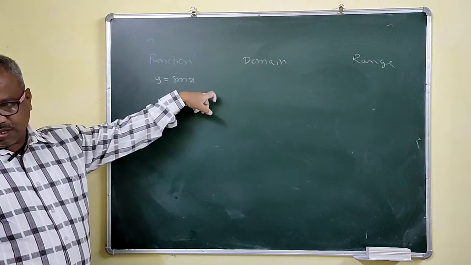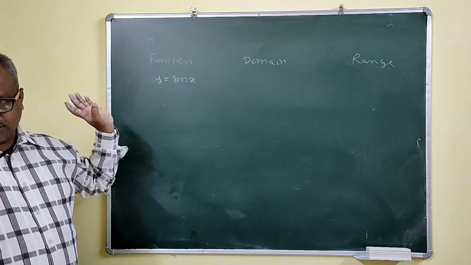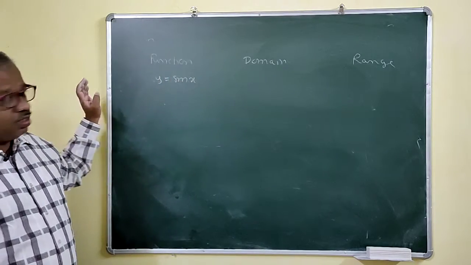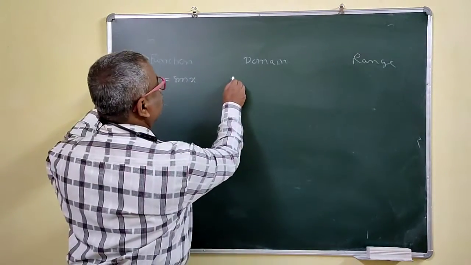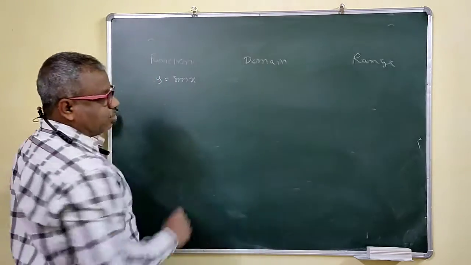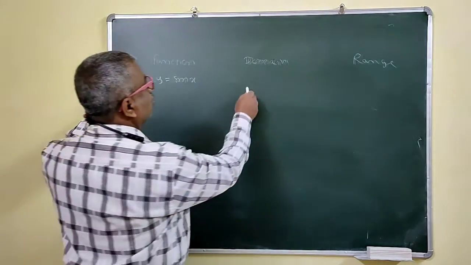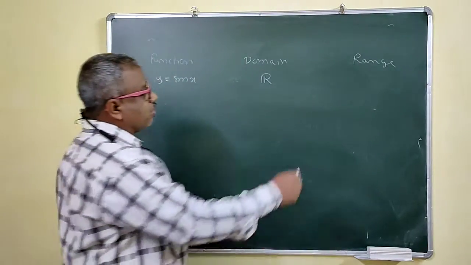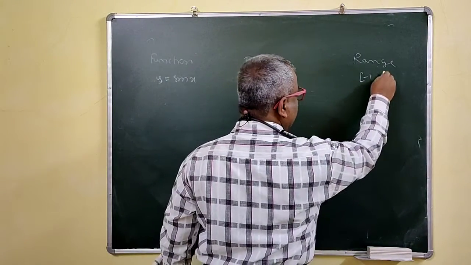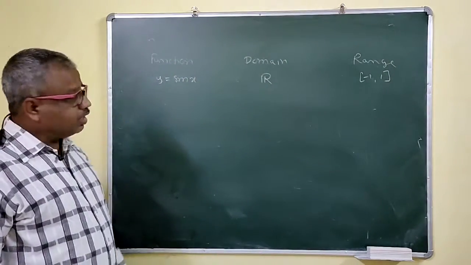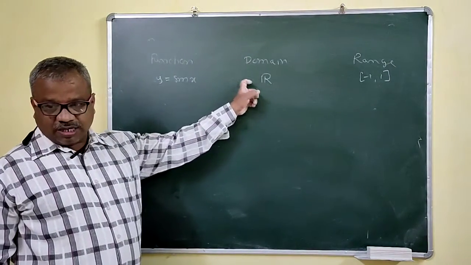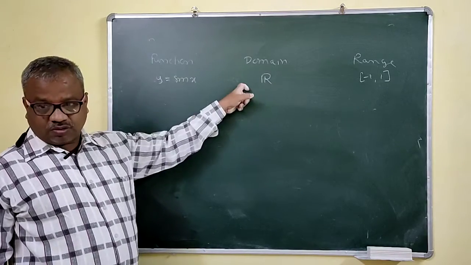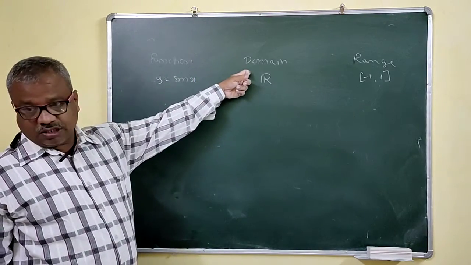X should be in the domain and y is in the range. So the domain of sin is whole R. And the range: the value of sin always lies between minus 1 and 1. X belongs to R, because this is the domain.